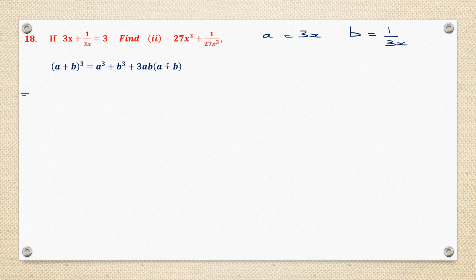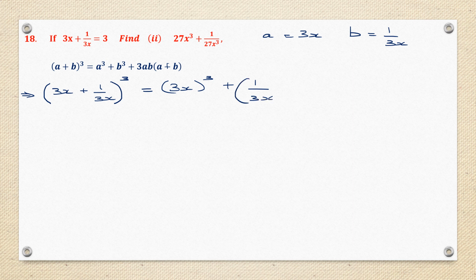So now let's substitute and write a plus b. a is 3x, b is 1 by 3x, the whole cube. Cube of this is equal to a cube, which is 3x cube, plus b cube, that is 1 by 3x, the whole cube, plus 3ab, that is 3 into a into b, which is 1 by 3x, into a plus b. a is 3x plus b is 1 by 3x.